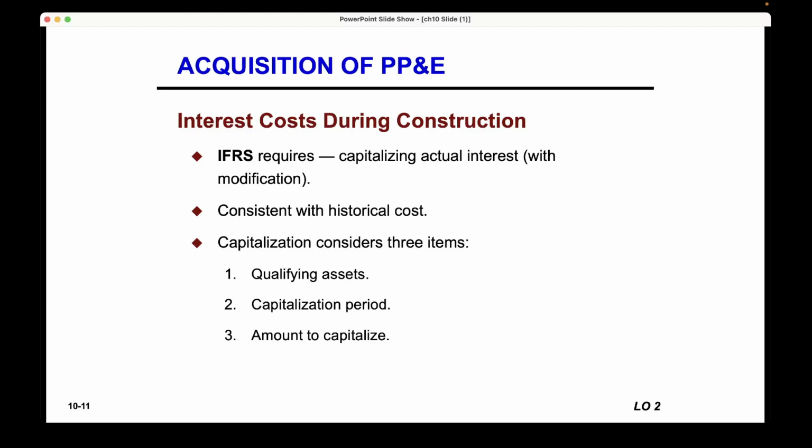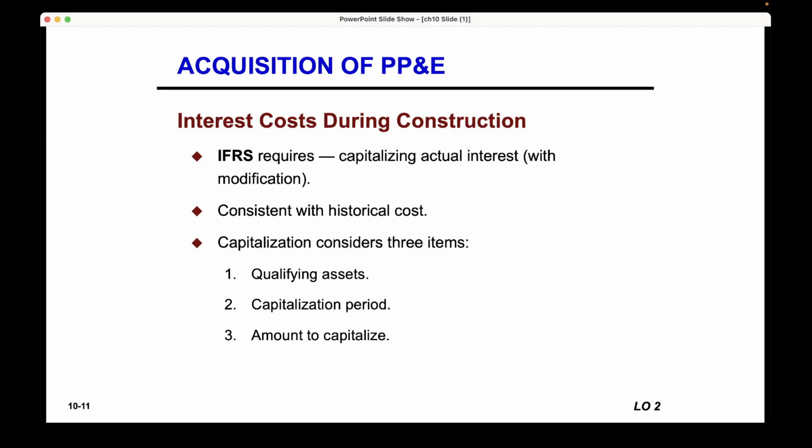So when capitalizing interest, there are three main considerations to keep in mind. First, only certain assets qualify for interest capitalization. Typically these are assets that take a substantial period of time to get ready for their intended use, for example, a building or large machinery.